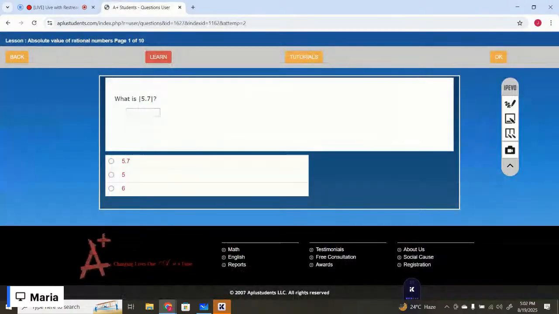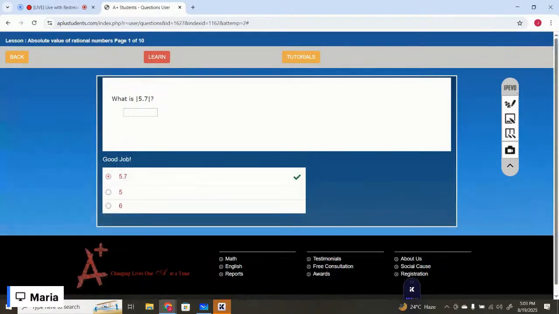What is the absolute value of 5.7? That is 5.7. Option number 1 is the correct option.